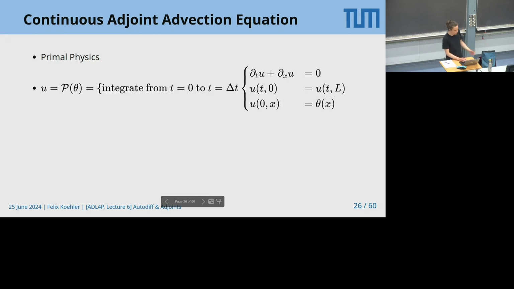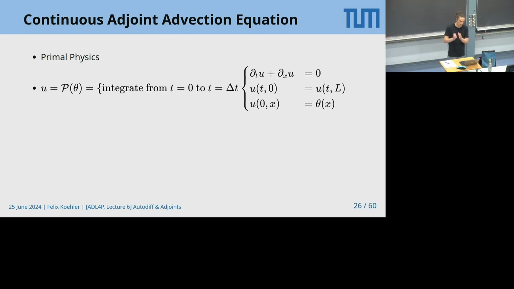Imagine that this is the previous state, and we integrate from t0 to t equals delta t the following equation. For simplicity, I chose periodic boundary conditions, and the input is the previous state. If that is the case, you can also derive your reverse rule for the primal physics.